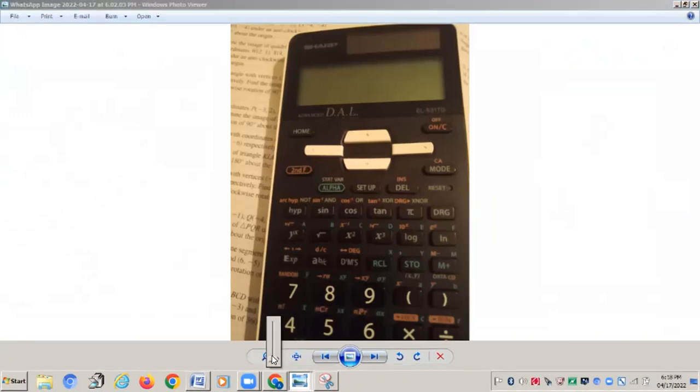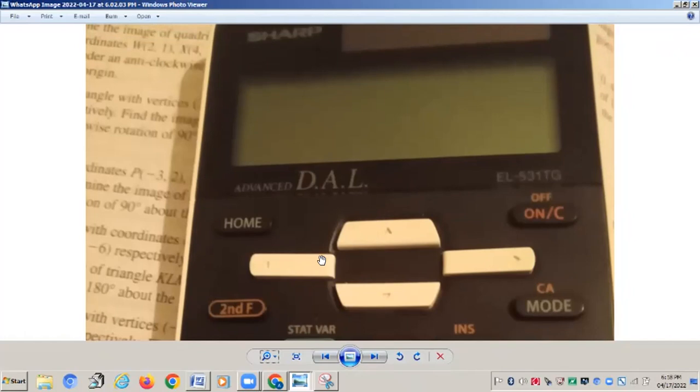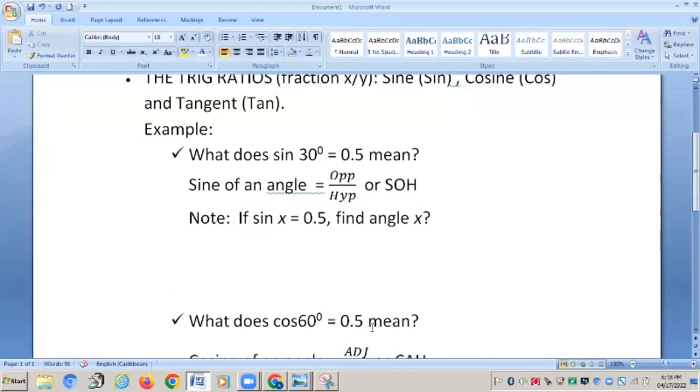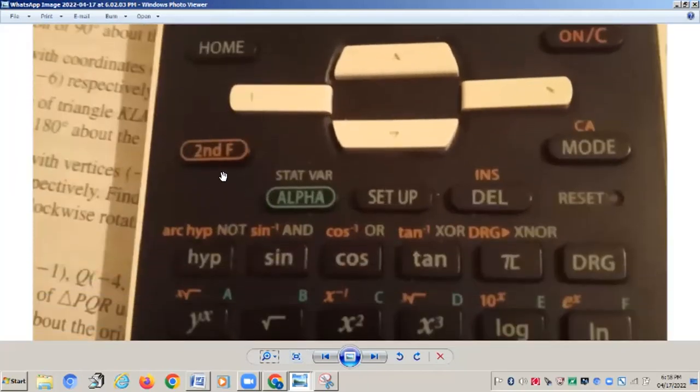All right, for those of you who have a calculator like this, or a much more updated calculator, to work this out, let me tell you what you're going to do in the calculator first. You're going to press this button here.